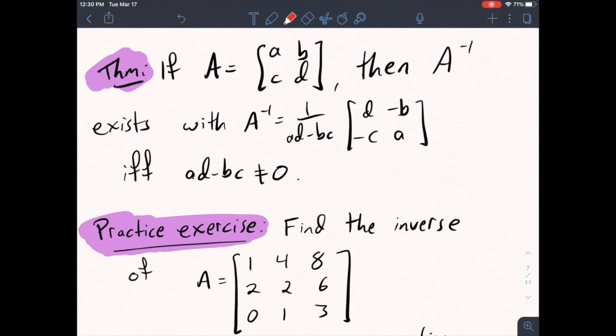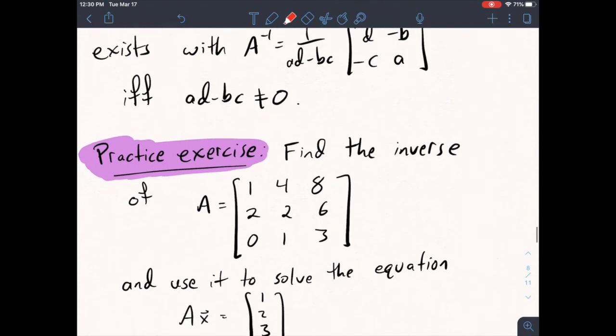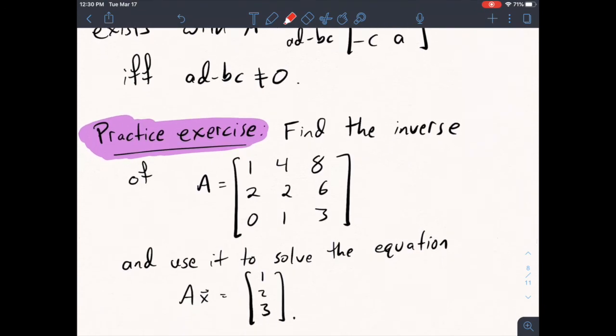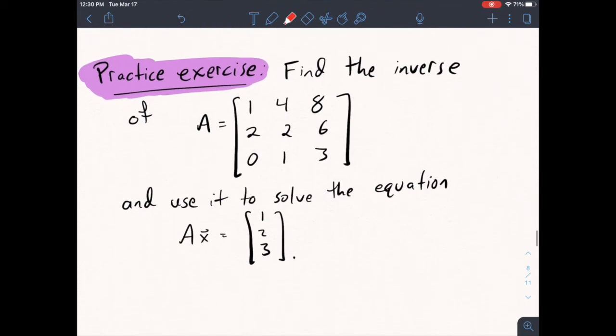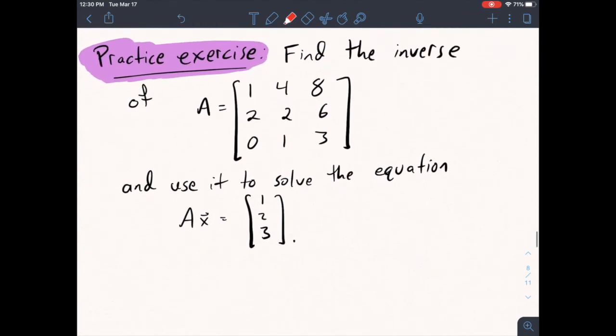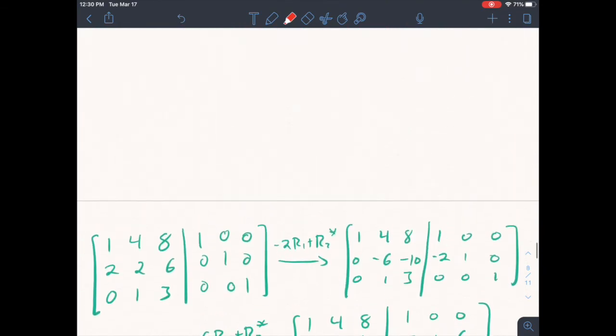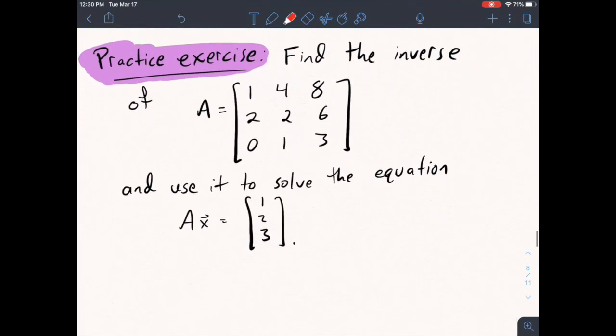I want you to find the inverse of this 3 by 3 matrix A and use it to solve the matrix equation AX is equal to B, where B is equal to 1, 2, 3. So the solution is posted online. I would prefer you to do this on your own to get some practice with the material.